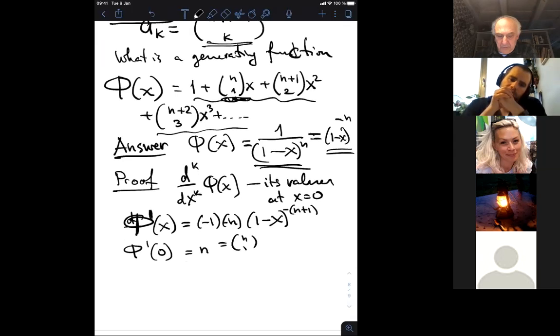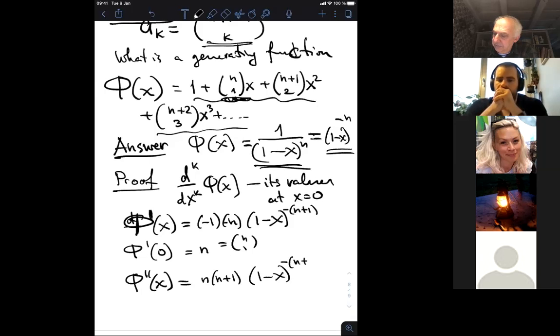Now, what about if we differentiate it twice? If we look a little bit carefully, we'll get n times n plus 1, and 1 minus x power minus n plus 2.